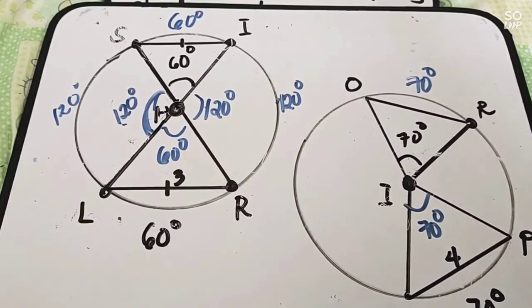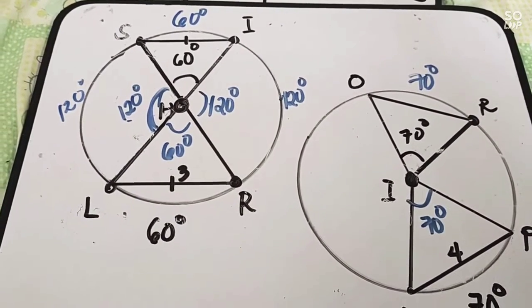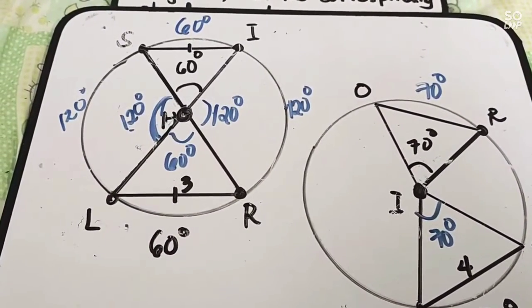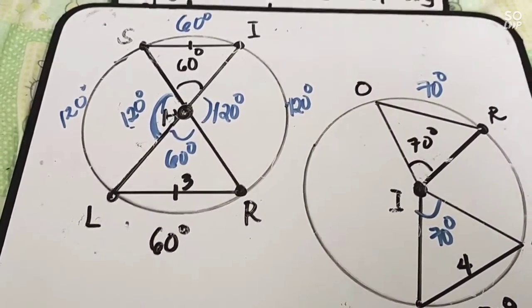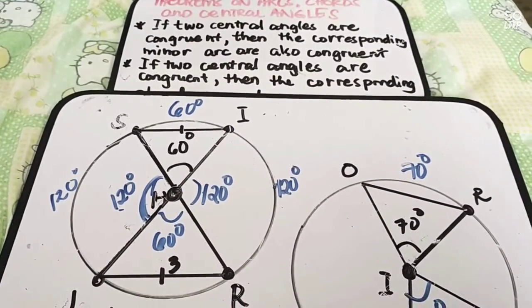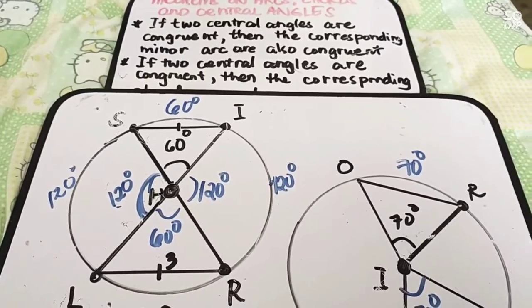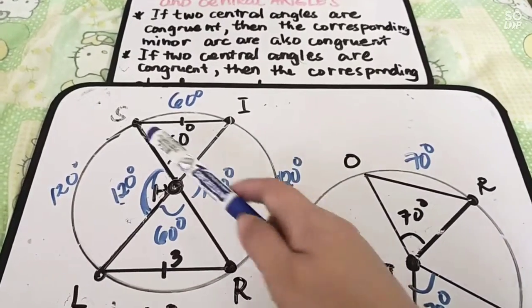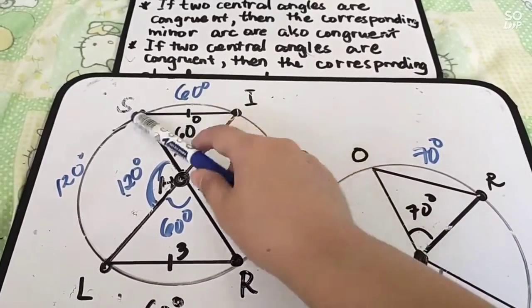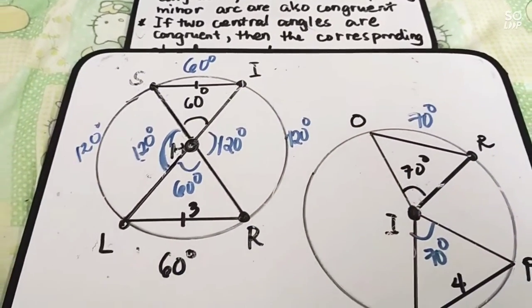Let us consider again circle H and circle I here. So, I just added a chord. Okay, it said earlier, if two central angles are congruent, then the corresponding minor arcs are also congruent. So, if we have a central angle here, and then this is the corresponding arc, they are also congruent.